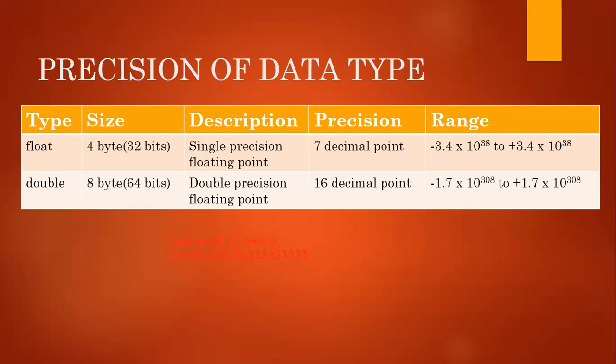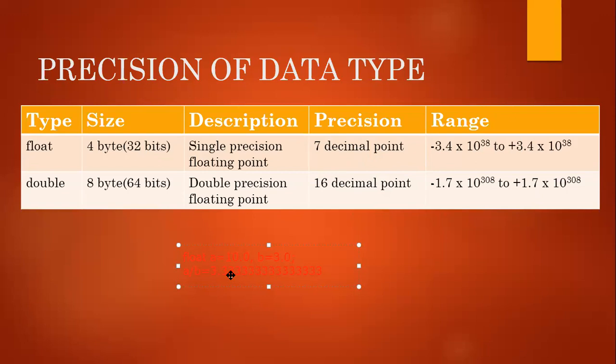But when you are going to use this expression, I hope you can see it. Whenever we use float data type, you will find that this expression a divided by b will give me 3.33, but up to 7 decimal places, means from the decimal point to 7 digits.